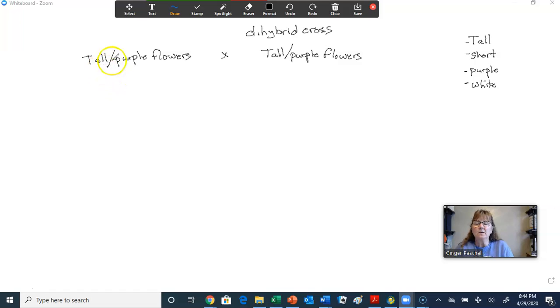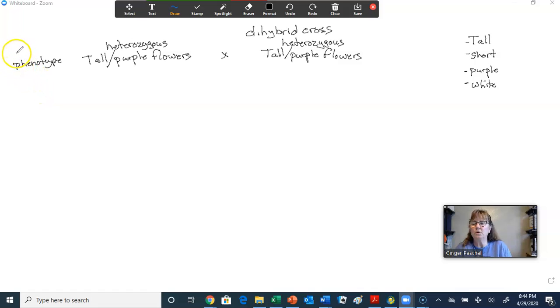So we need to clarify this individual or pea plant is heterozygous for both traits, and this one is heterozygous for both traits as well. So this is the phenotype of this generation.